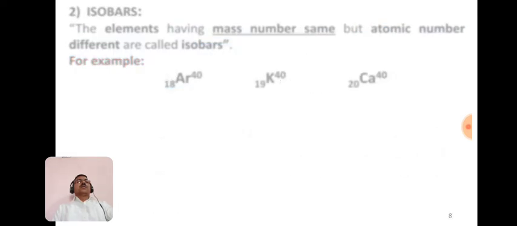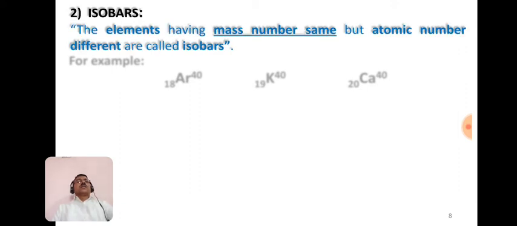Our next point is isobars, and the isobars are defined as the elements having the same mass number and different atomic number. So such elements are called isobars of each other. So the same thing is the mass number, and the different thing is the atomic number. Let us see some examples.